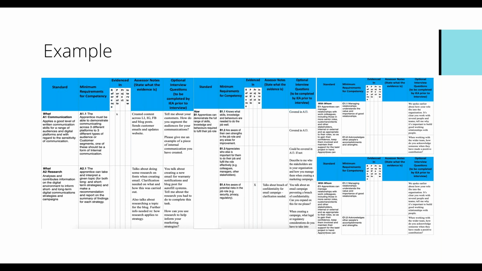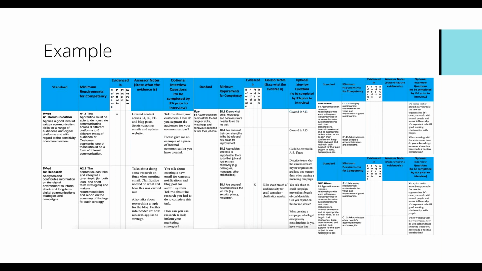So if we just take standard A1, that's in the communication area: applies a good level of written communication skills for a range of audiences and digital platforms, and with regards to the sensitivity of communication.